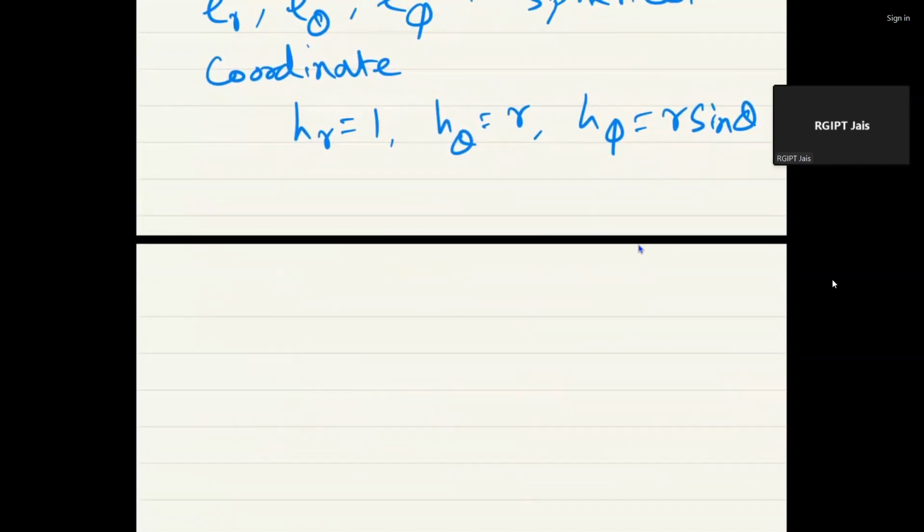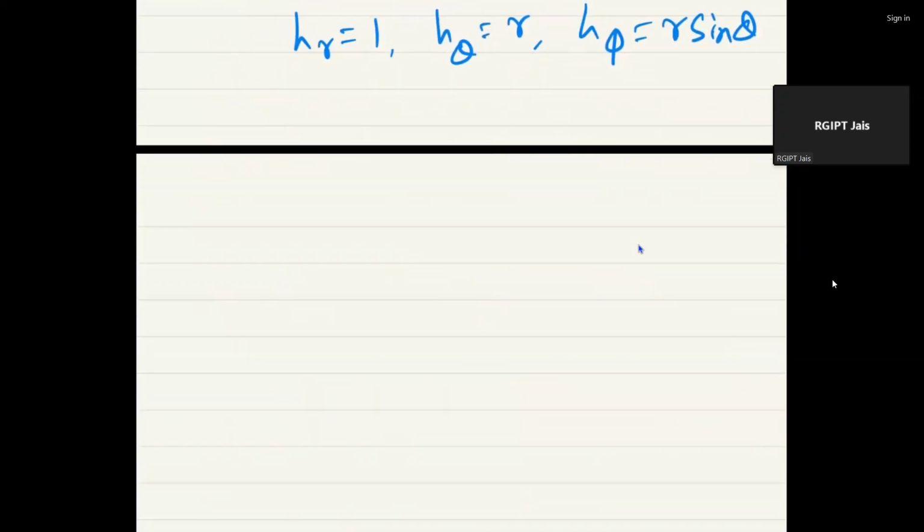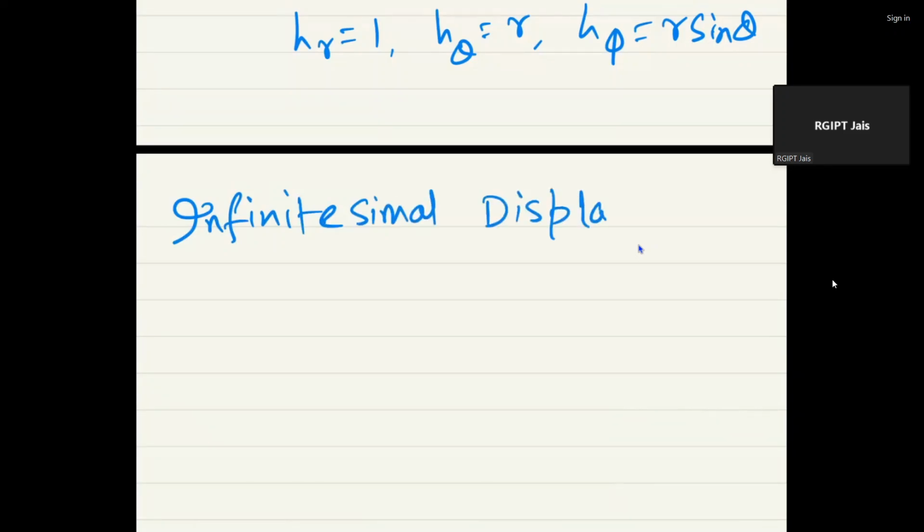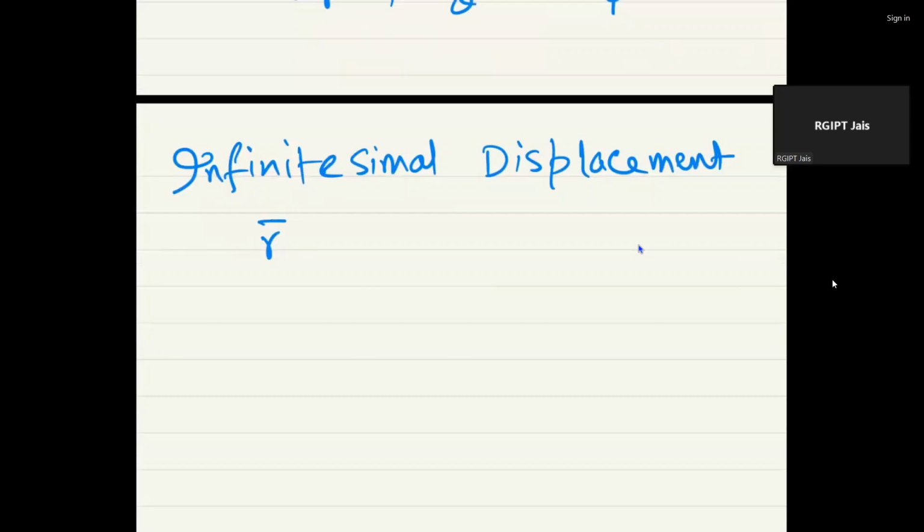Now you can also define the infinitesimal displacement. In the Cartesian system, as I told you, dR is dx i cap plus dy j cap plus dz k cap.